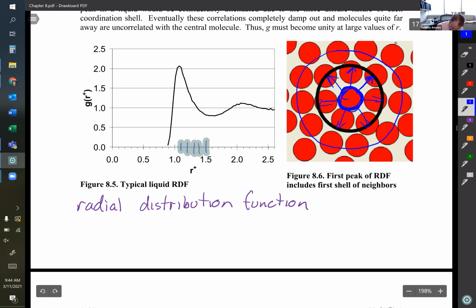And what I really do probably is I bin it. So I say between 1 and 1.1, I count how many atoms are there. And so I can get a little local density because I also know how wide that shell is, how much volume that shell would be in a spherical system. And so I can get N, divide it by the volume of that shell, and get a local density.